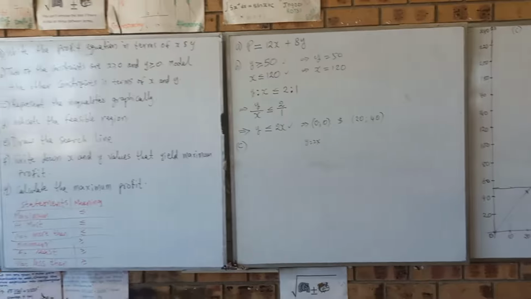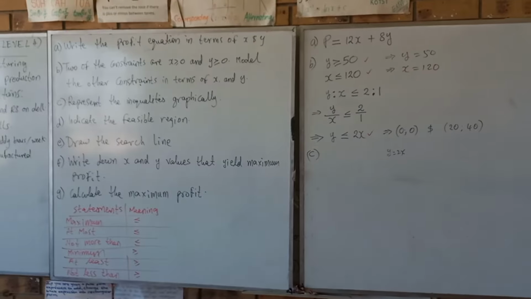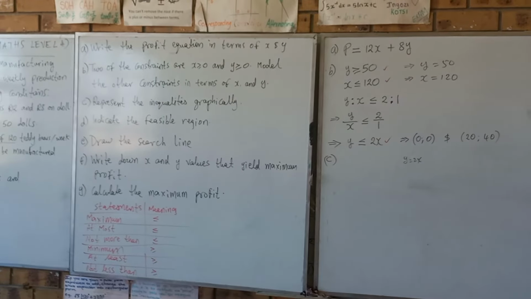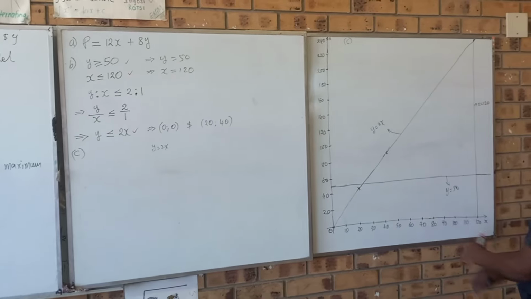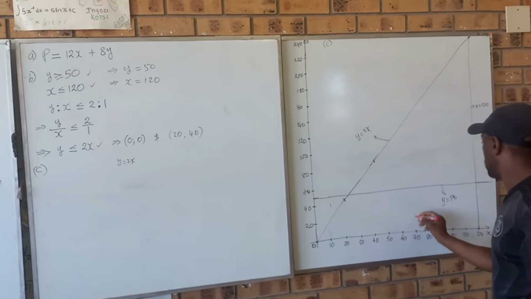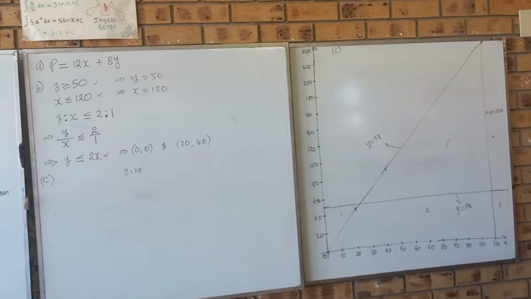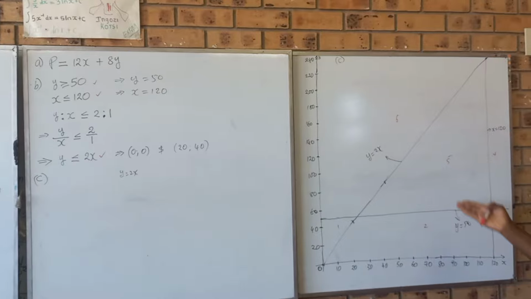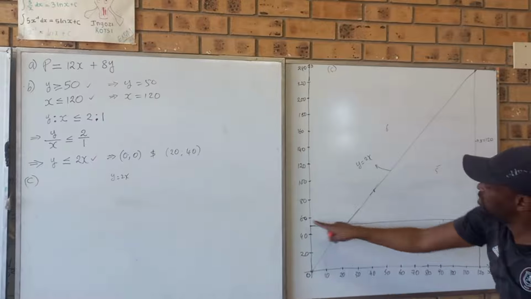D says indicate the feasible region. So usually to indicate the feasible region, the easiest thing is to check how many constraints you got. If I get 3 constraints, it will be easy to come here and just check the region that is surrounded by the 3 lines. So if I'm looking at regions like this, 1, 2, 3, 4, 5, and 6, then the 3 main lines I drew will immediately eliminate 6, because 6 is only surrounded by 2 lines.